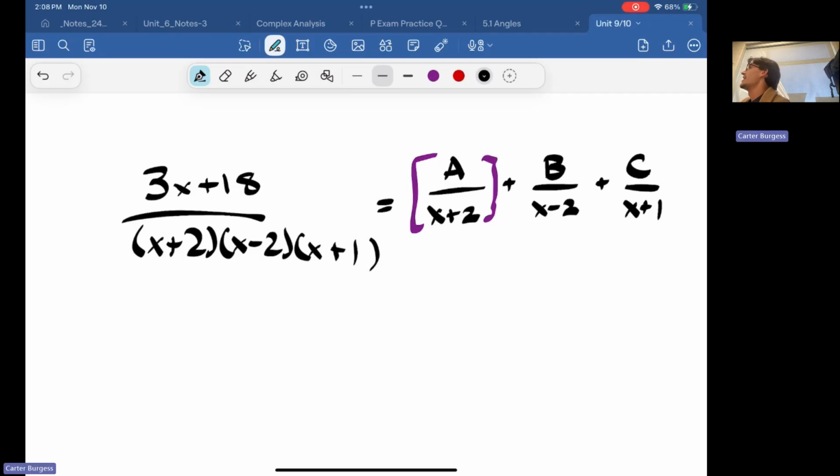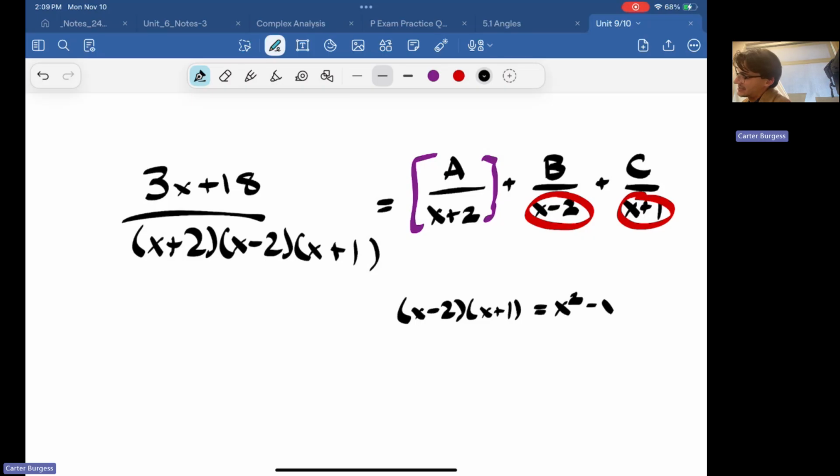I need to multiply not just by one factor, but by both the x minus 2 factor and the x plus 1 factor, which Sanjeev is correct here, x minus 2 times x plus 1, giving us x squared minus x minus 2. We would multiply it on the top and the bottom here, x squared minus x plus 2 over the x minus 2 times x plus 1.